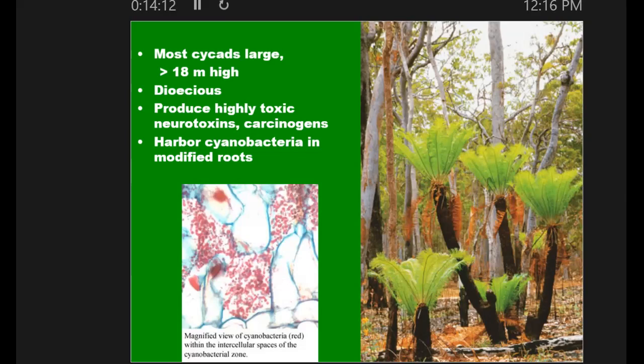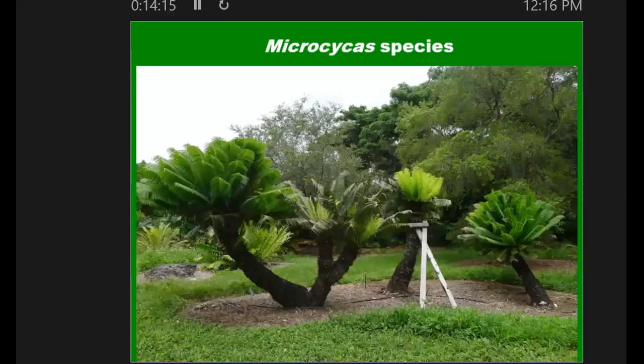But they're used in landscaping a lot because they're very striking. Especially if you live in a tropical area, they're quite beautiful and a unique addition to the landscape for sure.